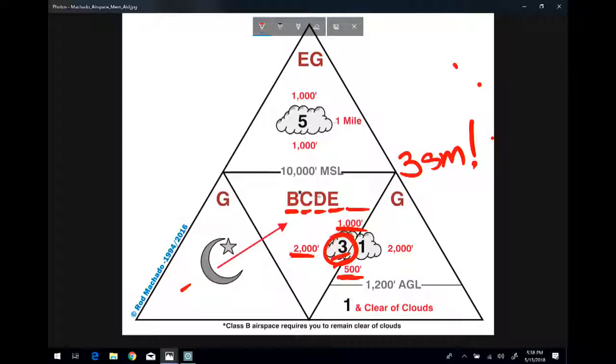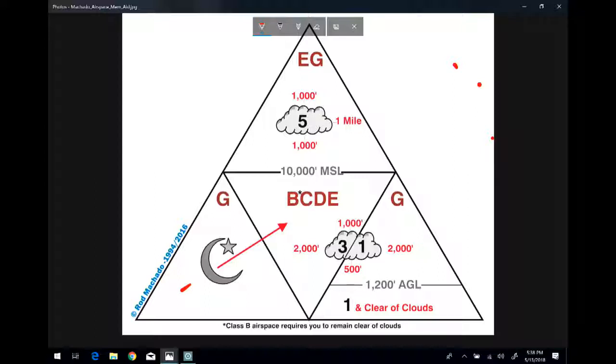That is in Bravo, Charlie, Delta, Echo airspace below 10,000 feet MSL. Okay? So that takes care of all of the controlled airspace. But wait, we have uncontrolled airspace, right? That's that Class Golf stuff that I was talking to you about. I don't know why I can't erase these. I'm tapping the heck out of that screen.